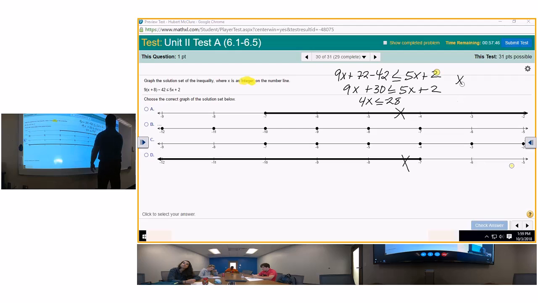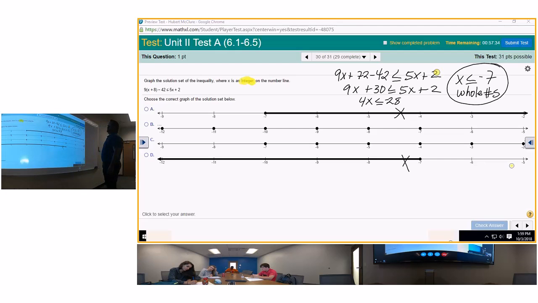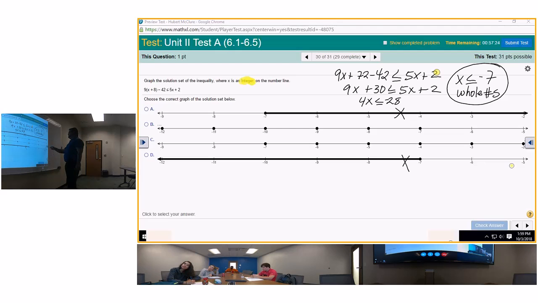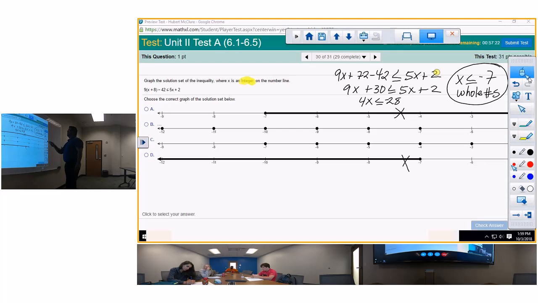X is less than or equal to negative 7. But this represents not all numbers, but what? Whole numbers. The only way you can do whole numbers is with dots. So, which one is X? All whole numbers less than negative 7. B. B. That's more than.